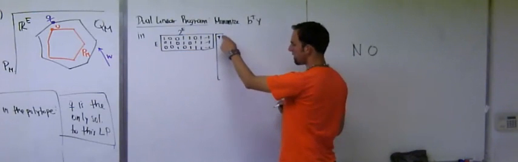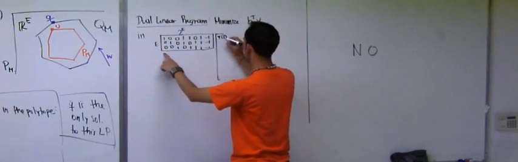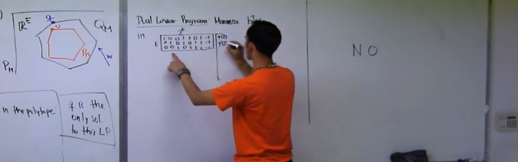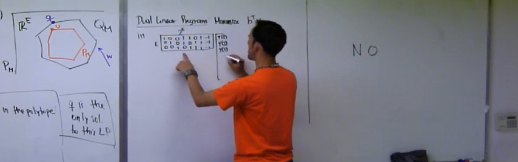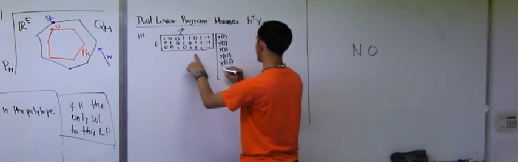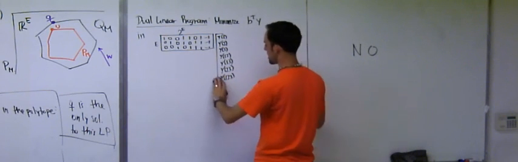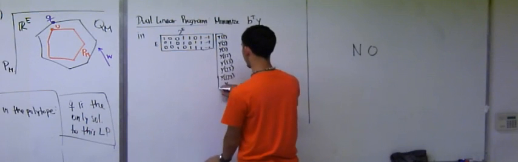I have an entry of the vector per column of this matrix. A natural way of labeling this is to call the first one y of 1, the second one y of 2, the third one y of 3, the fourth one y of {1, 2}, y of {1, 3}, y of {2, 3}, y of {1, 2, 3}, and then some extra variable, which maybe I'll just call y.